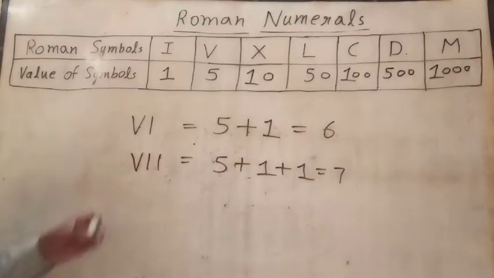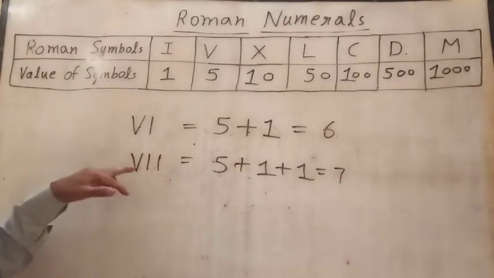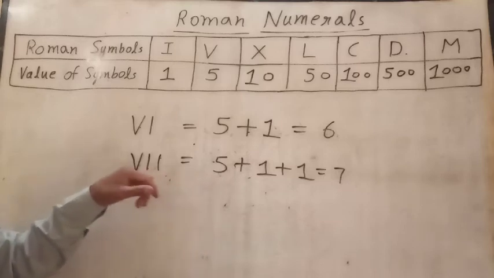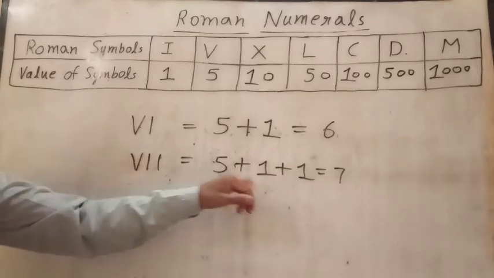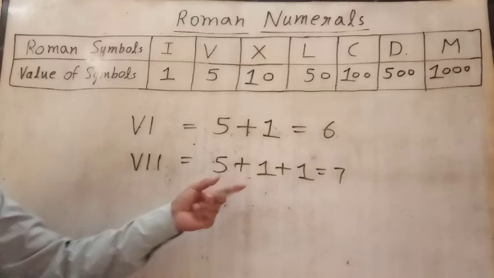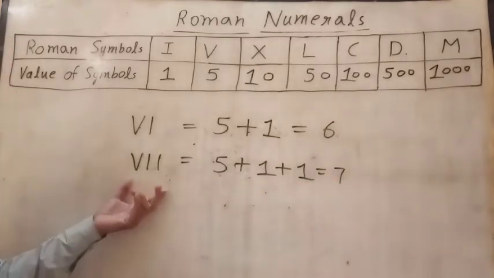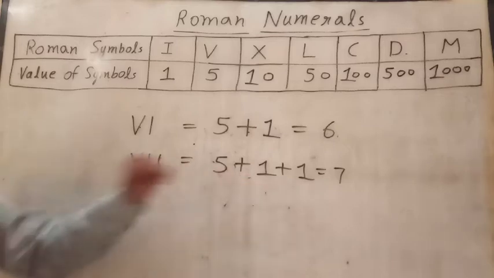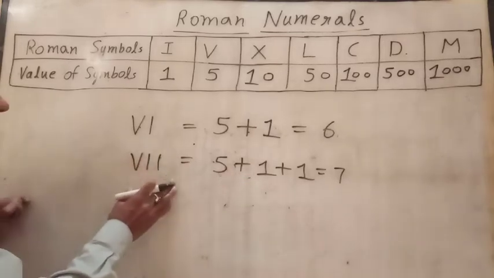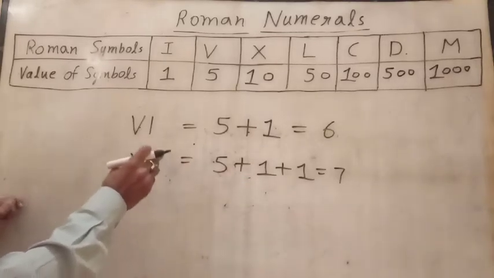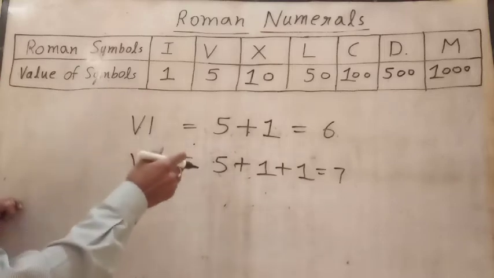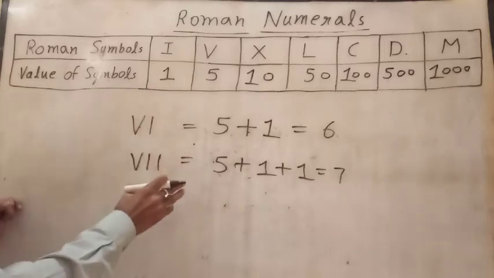The value of V is 5, the value of I is 1, the value of I is 1. 5 plus 1, 6, 6 plus 1, 7. So the value of VII is 7.